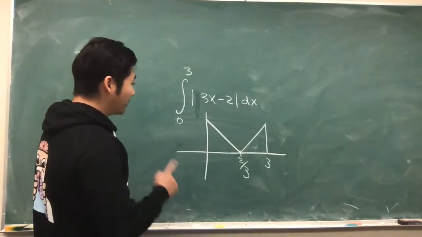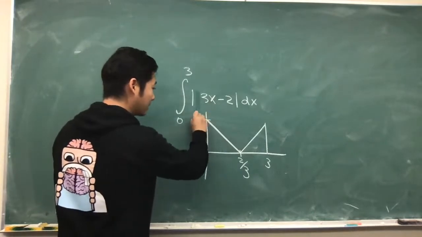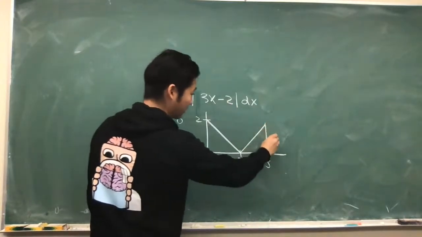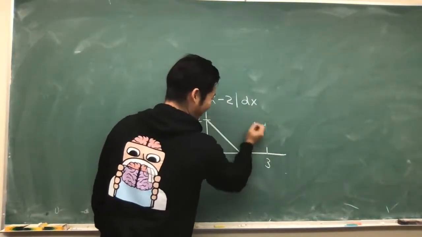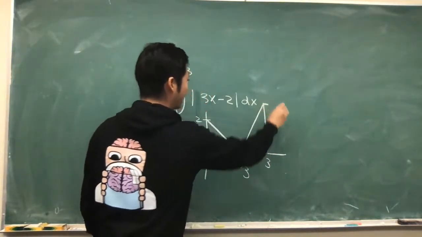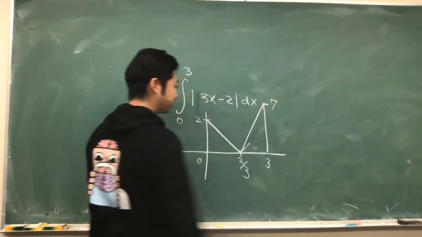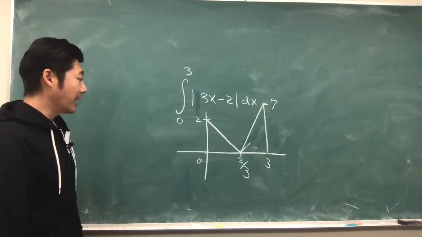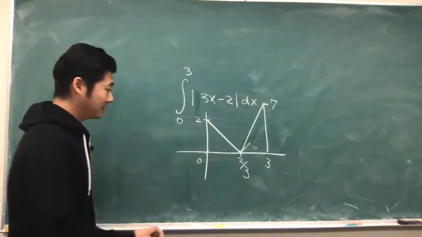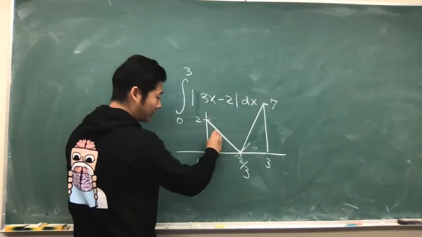For this particular one, at 0, if you plug in 0, you'll get 2. So this is at 2. And at 3, maybe I'll draw it a little bit more accurately. At 3, the value of this is 9 minus 2, so it's 7. The area of a triangle is 1/2 base times height, where this is the base and this is the height. So the area of this triangle is just 2/3.